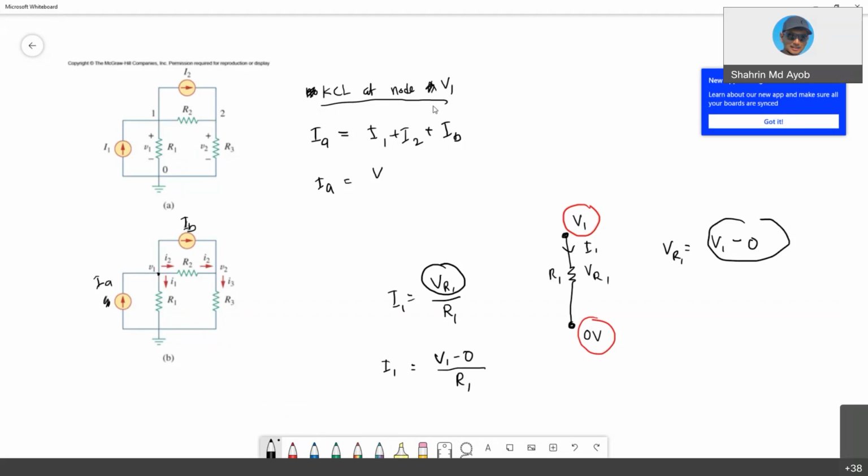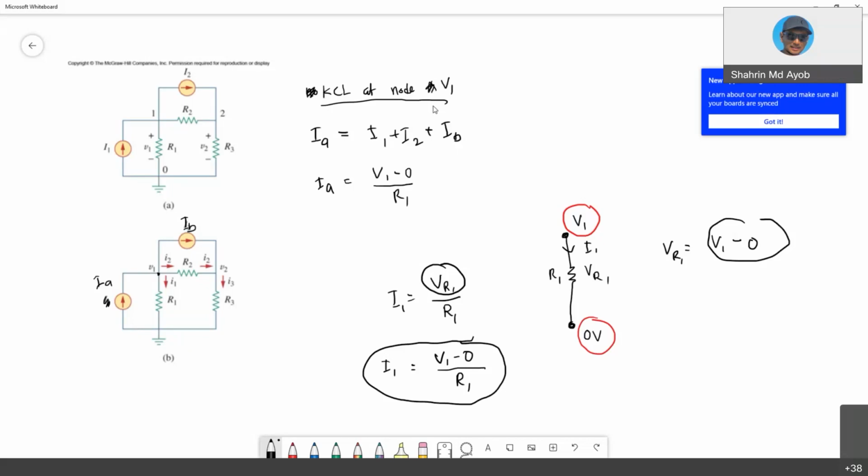This is what is meant by rewriting the current equation in terms of node voltage. So I1 in terms of the node voltage will be V1 minus 0 over R1.